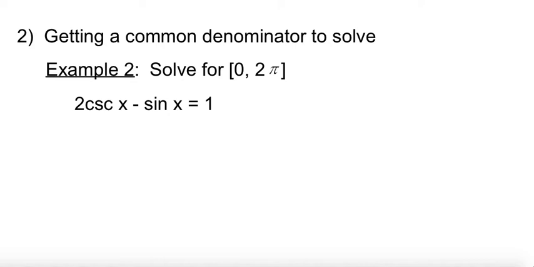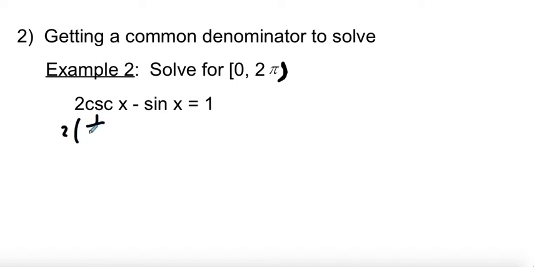Alright, so similarly with this one here, we've got cosecant and we've got sine. Notice there's not a GCF in that problem, so my only real option right now is to change that cosecant into sine so that we end up having the same trig function.